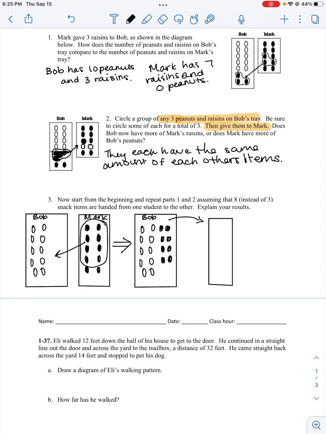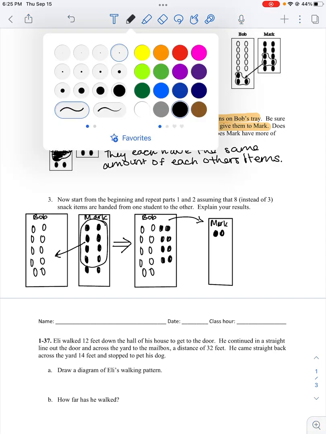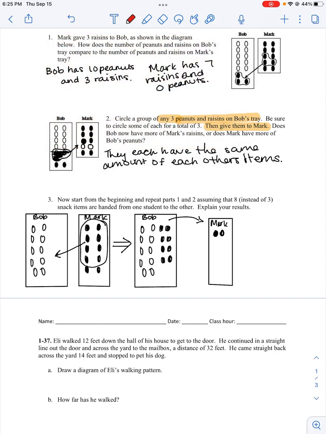Right now Mark has 2 raisins left over. So I'm going to circle 8. I want to circle these 4 and these 4, and I want them to move to Mark.